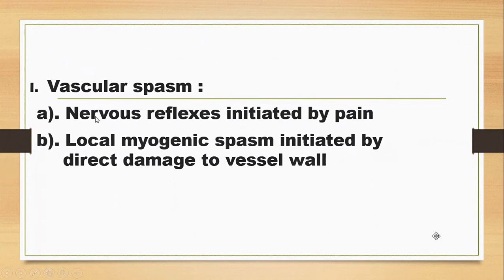Even just on the hand. So the nervous reflexes due to the pain will cause spasm, because your blood vessel has smooth muscle. Then local myogenic spasm initiated by damage to the vessel wall. So the smooth muscle in the blood vessel wall will try to contract.